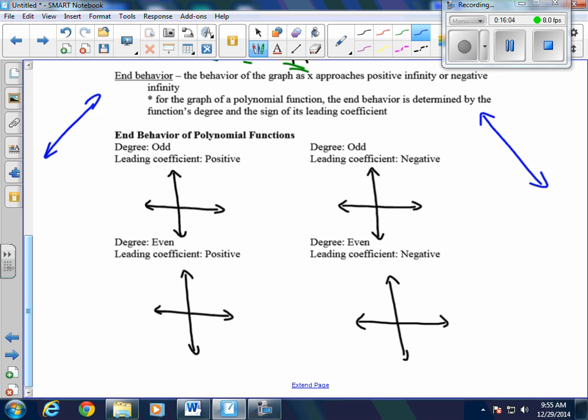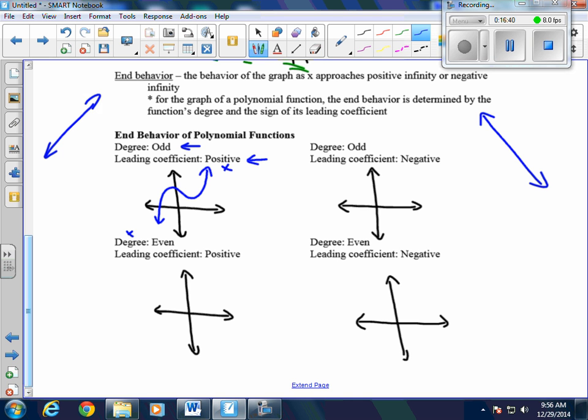If the degree is odd and it is positive, meaning our leading coefficient is a positive number, the end behaviors are exactly that of a line that has a positive slope. So I'm going to have an x up here and an x up here, and that's where my graph goes to. It's going to go up to positive infinity to the right and down to negative infinity to the left. So a graph could look something like this.